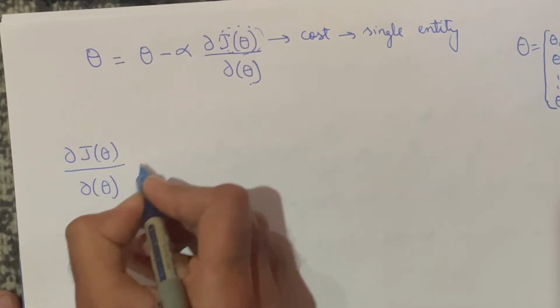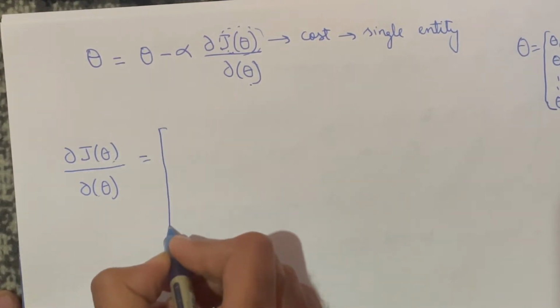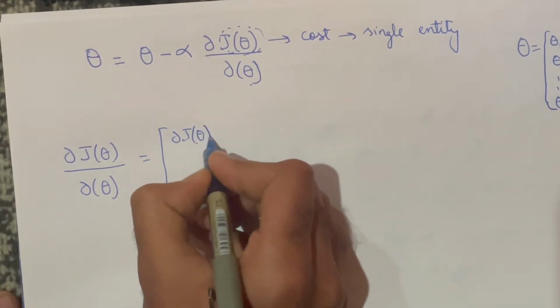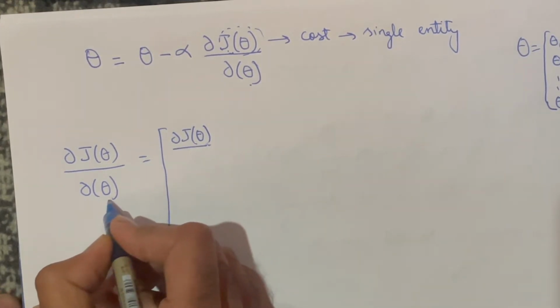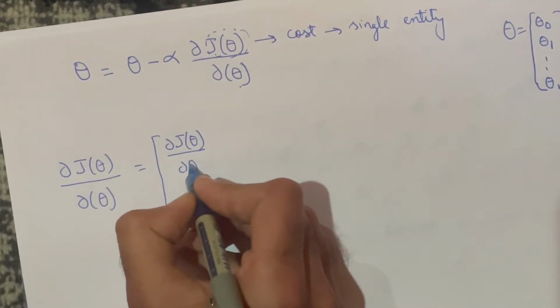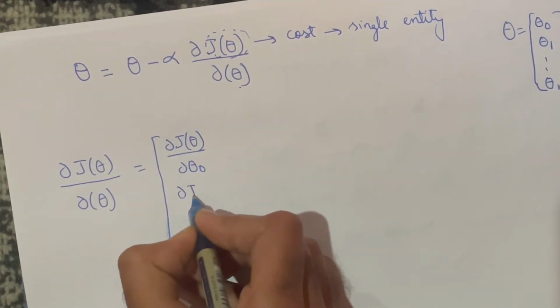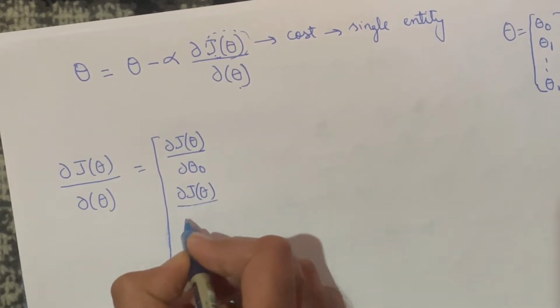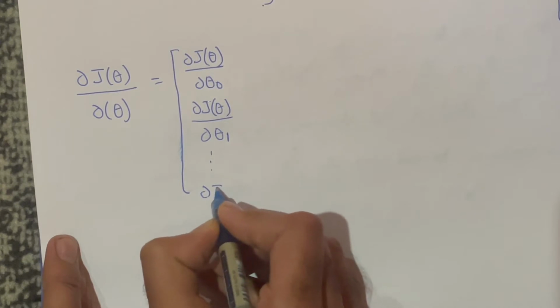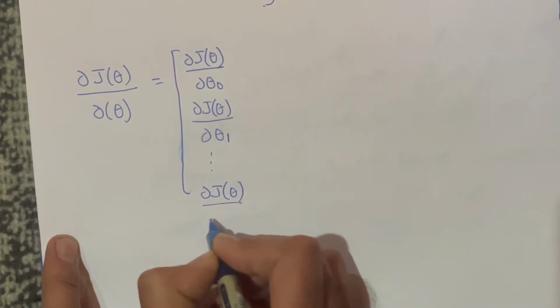So that will also be a matrix where we will have differentiation of J theta with respect to the first element of this matrix. What is the first element? Theta 0. Then differentiation of this with respect to theta 1, and so on up to differentiation with respect to theta n.